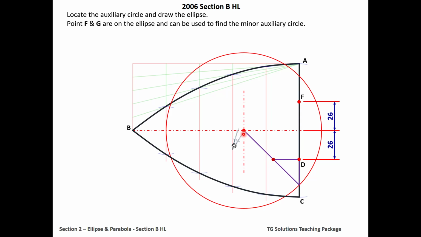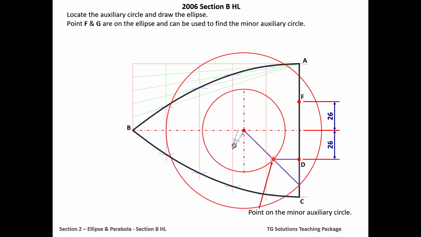So we've put an auxiliary divided line in there, okay? And we're going to work out where the minor auxiliary circle hits that auxiliary line. And where it does, we can just place our compass in the center, mark it out to this point here, and draw our circle, okay?